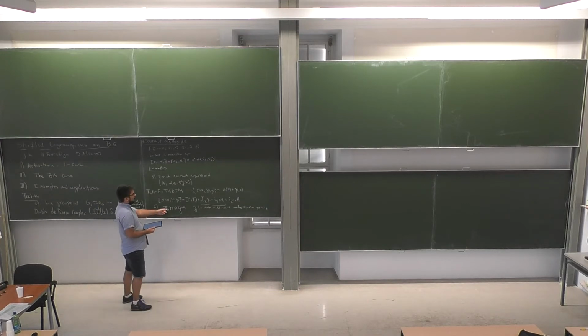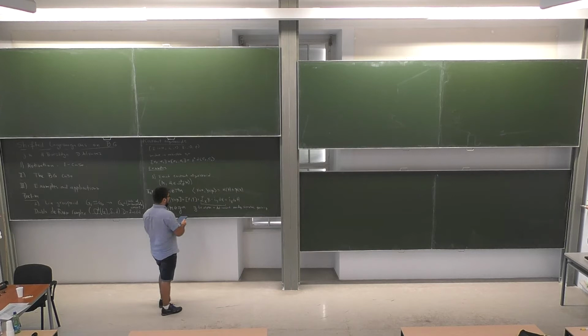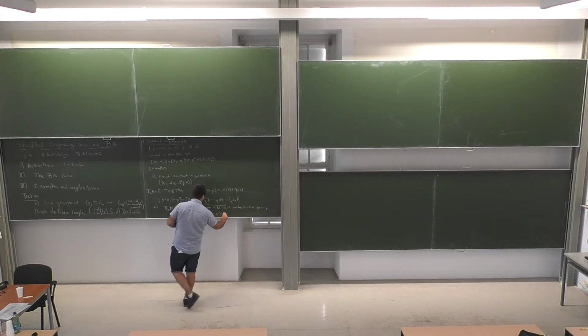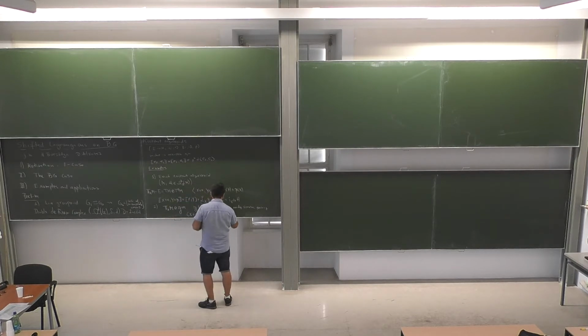And here, the pairing is just the usual pairing, but with minus in the second component. So let me denote by <(X, alpha, e), (Y, beta, e')> equal to alpha(Y) plus beta(X) minus <e, e'>.